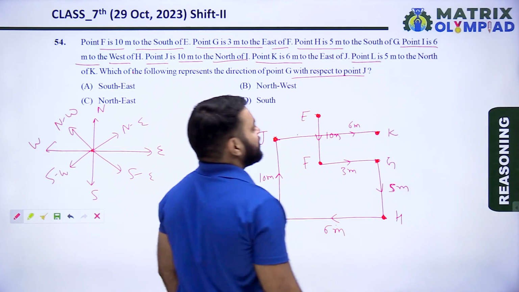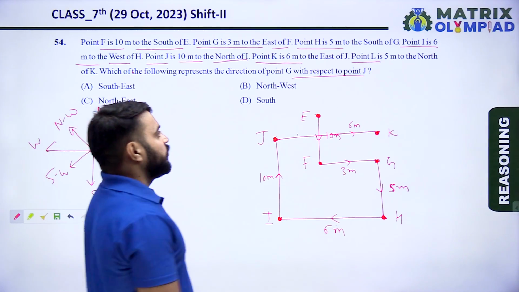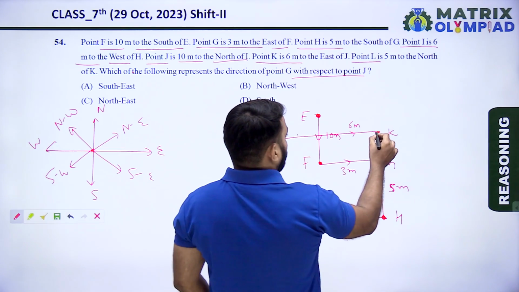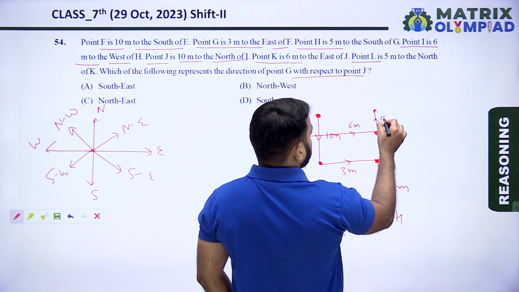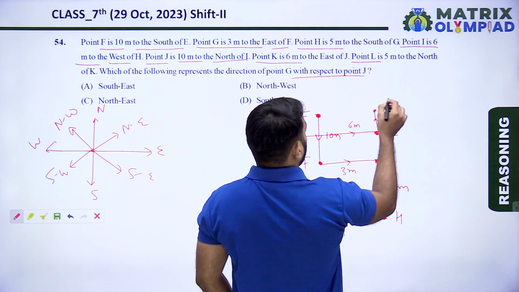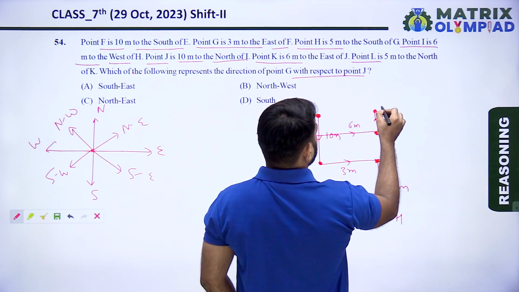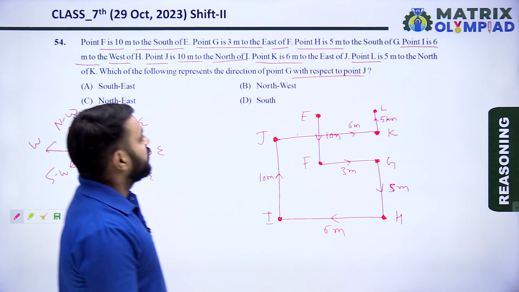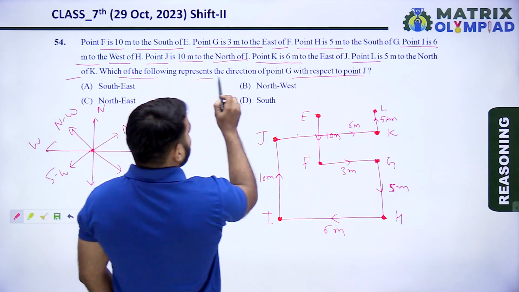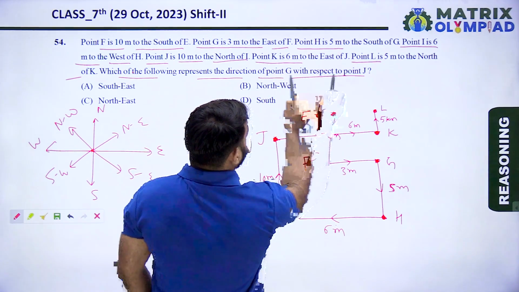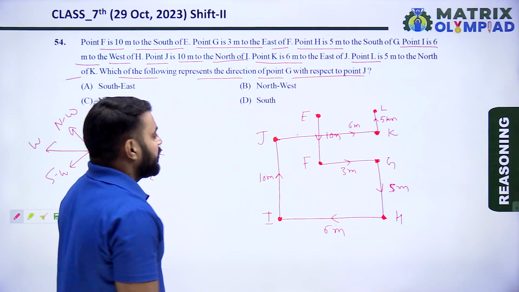Point L is 5 meter to the north of K. So here is point L. So according to the diagram, which of the following represents the direction of point G with respect to point J?